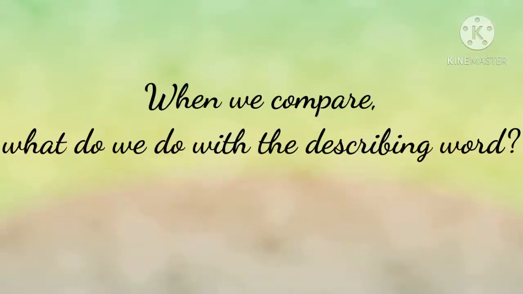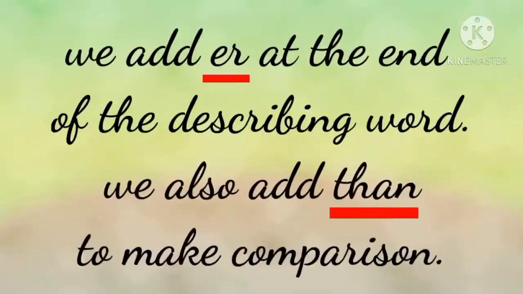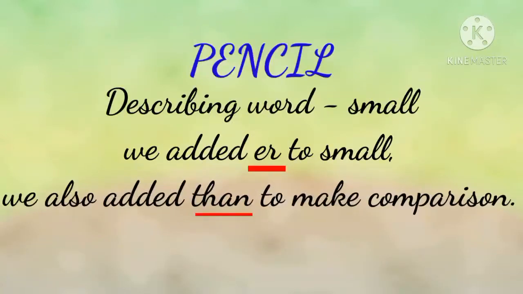Children, when we compare, what do we do with the describing word? Now I am going to tell you that when we make a comparison, we add er at the end of the describing word, and we also add than to make a comparison. It means small was the describing word, and when we did the comparison we added er to small, and we also added than.